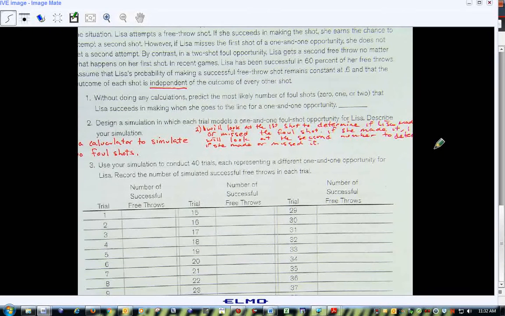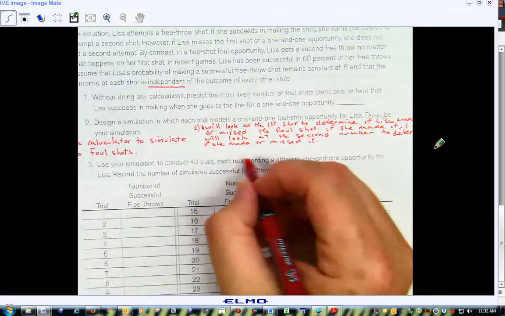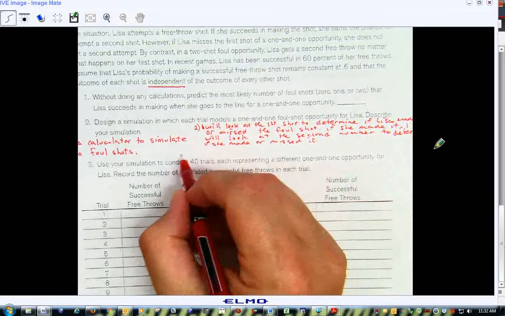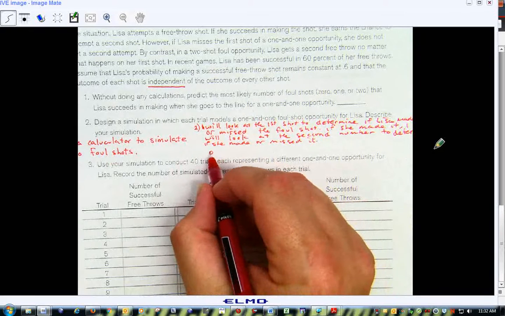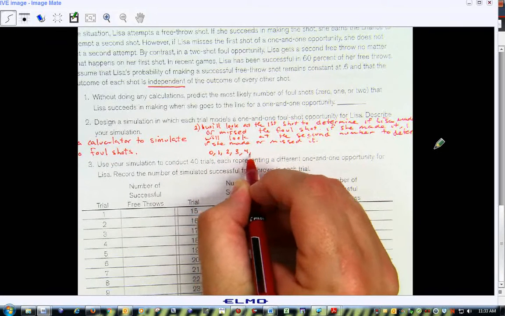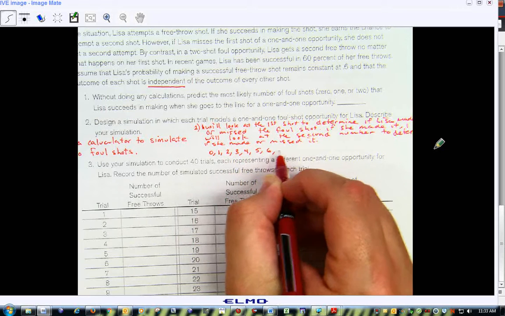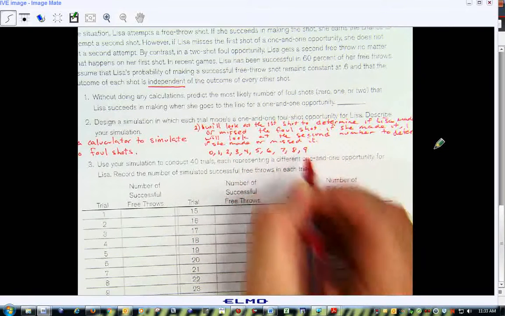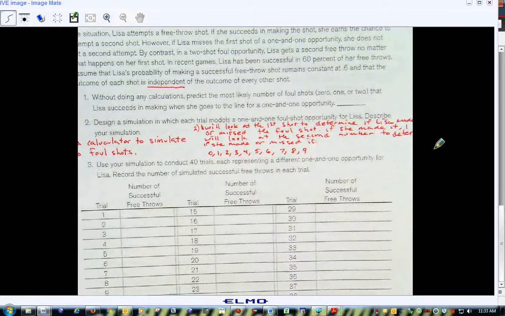We're going to use just single digits: 0, 1, 2, 3, 4, 5, 6, 7, 8, and 9.